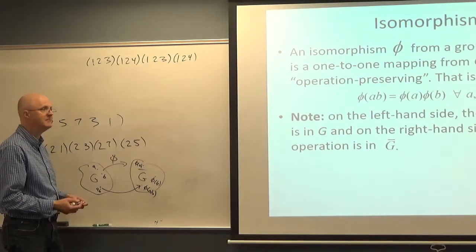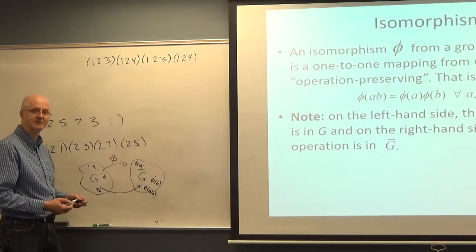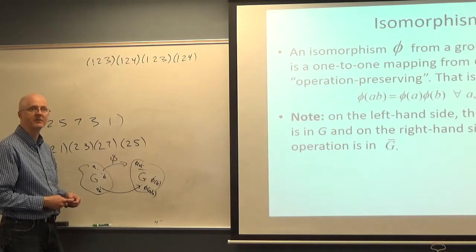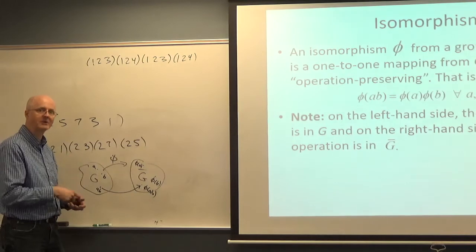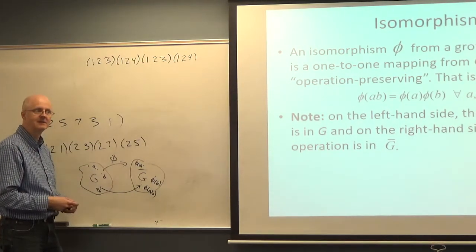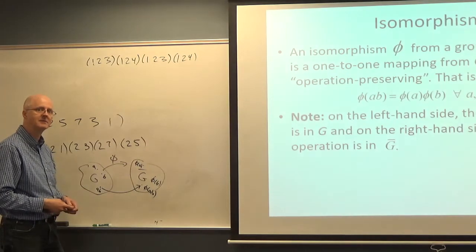And this turns out to be enough to make sure these groups do have the same structure. And if they're finite groups, the Cayley tables are going to be identical, at least if you put the elements in the correct orders on the left side of the Cayley table and on the top. You can match the Cayley tables up, and the book discusses it.